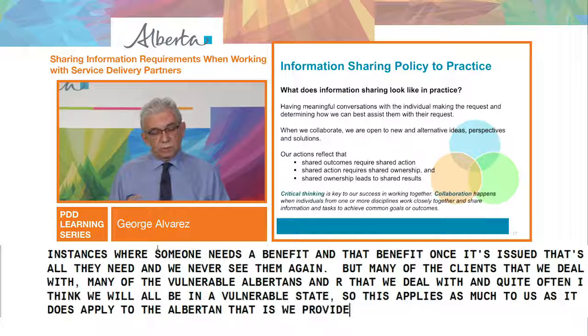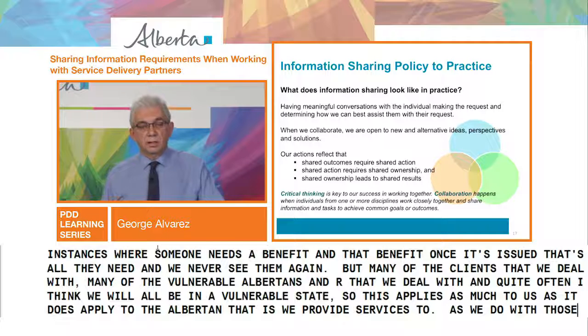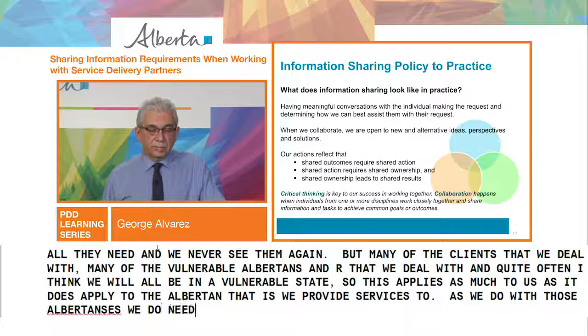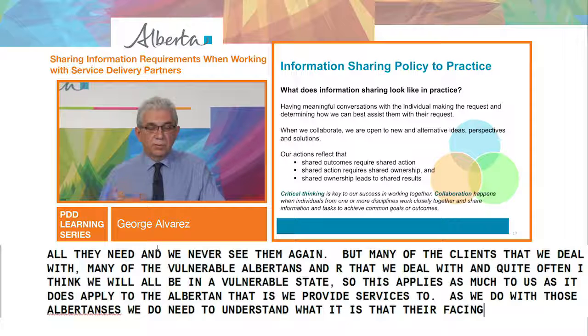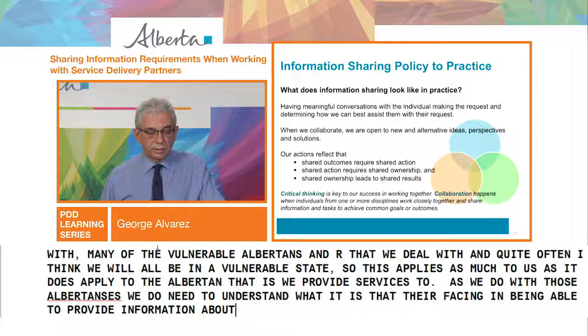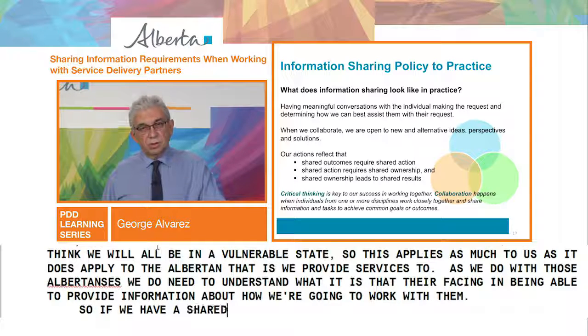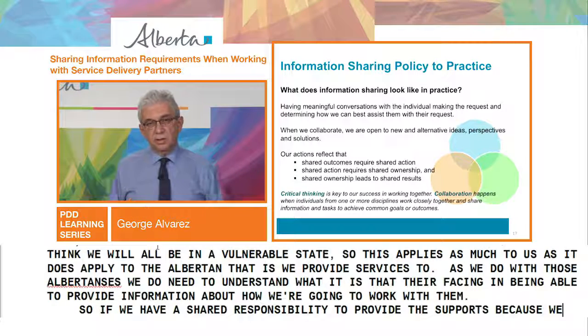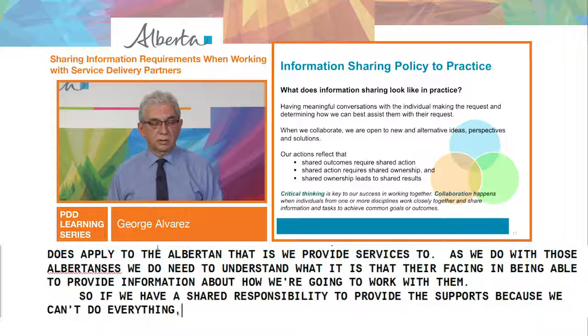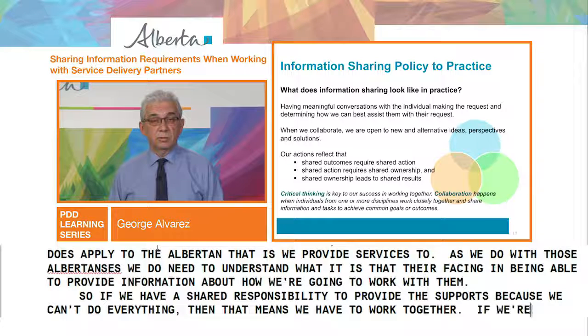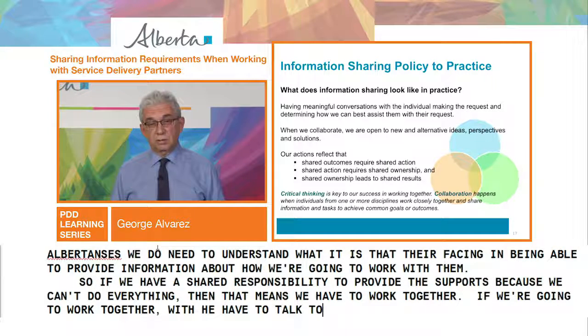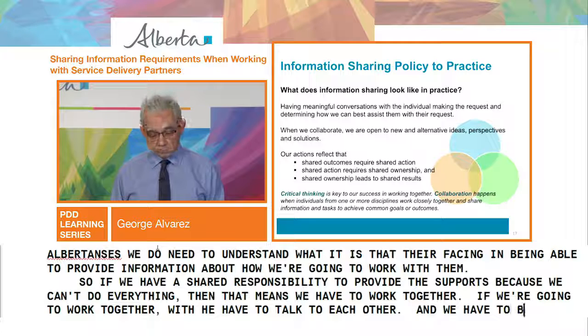As we deal with those Albertans, we do need to understand what it is that they're facing and be able to provide information about how we're going to work with them. So if we have a shared responsibility to provide those supports because we can't do everything, then that means we have to work together. If we're going to work together, we have to talk to each other, and we have to be able to share the information.